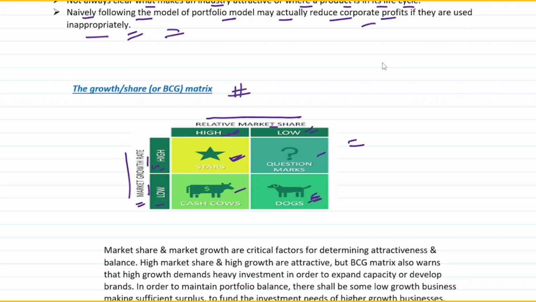If both are high, it is a star. When both are low, it is a dog. When the market growth rate is high and market share is low, it is a question mark. And if the market share is high and the market growth rate is low, it is a cash cow.